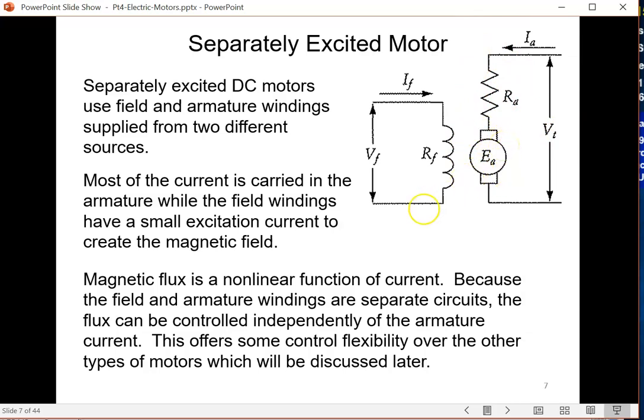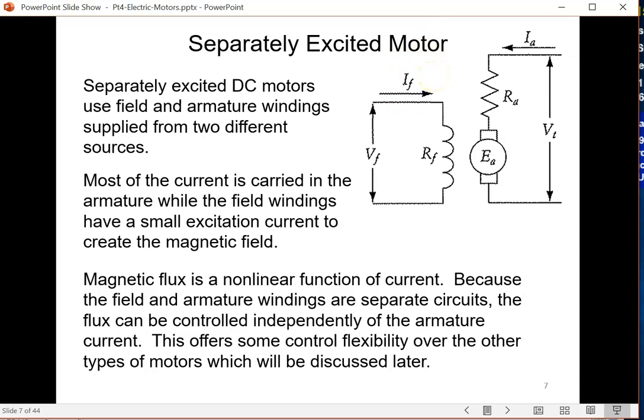One other thing that you need to be careful of is when we control the field current. In general, when the current is small, the magnetic field produced by the field winding has approximately a linear relationship with the current.